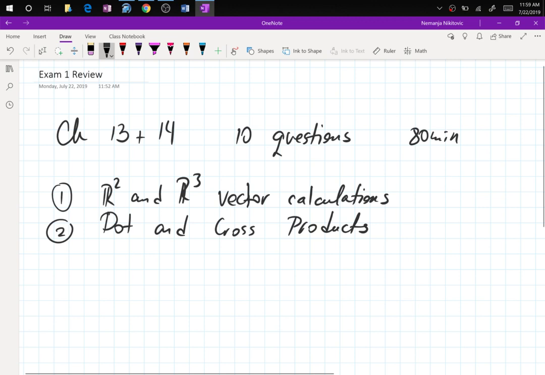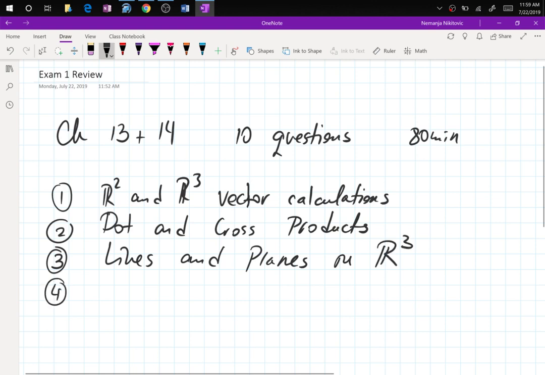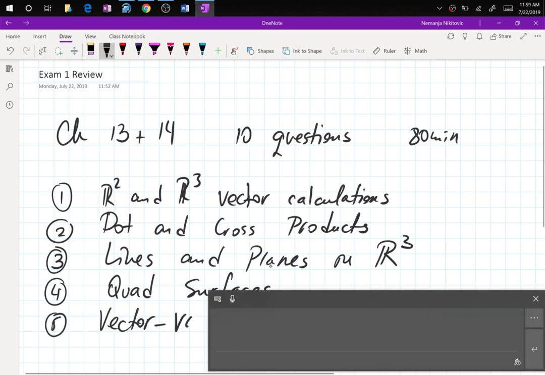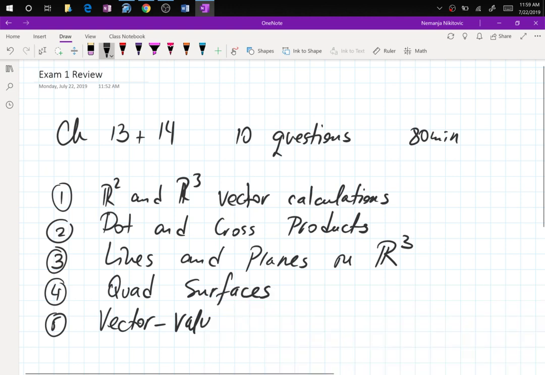Then we have number 3, lines and planes in R3. Number 4, quadratic surfaces. Number 5, vector valued functions.